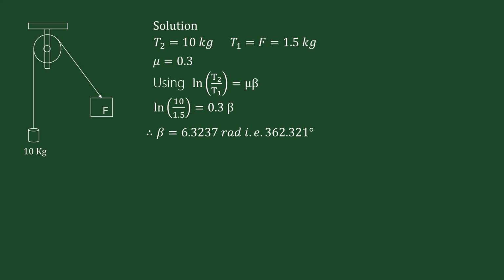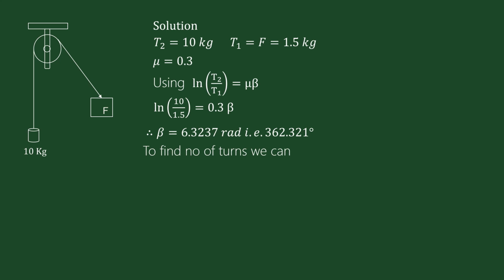Now the question is, we have to find the lap angle, and number 2 was to find the number of turns. The equation we already used in our earlier example is that 1 rotation means 1 turn, and 1 rotation means 2 pi radian or 360 degrees.